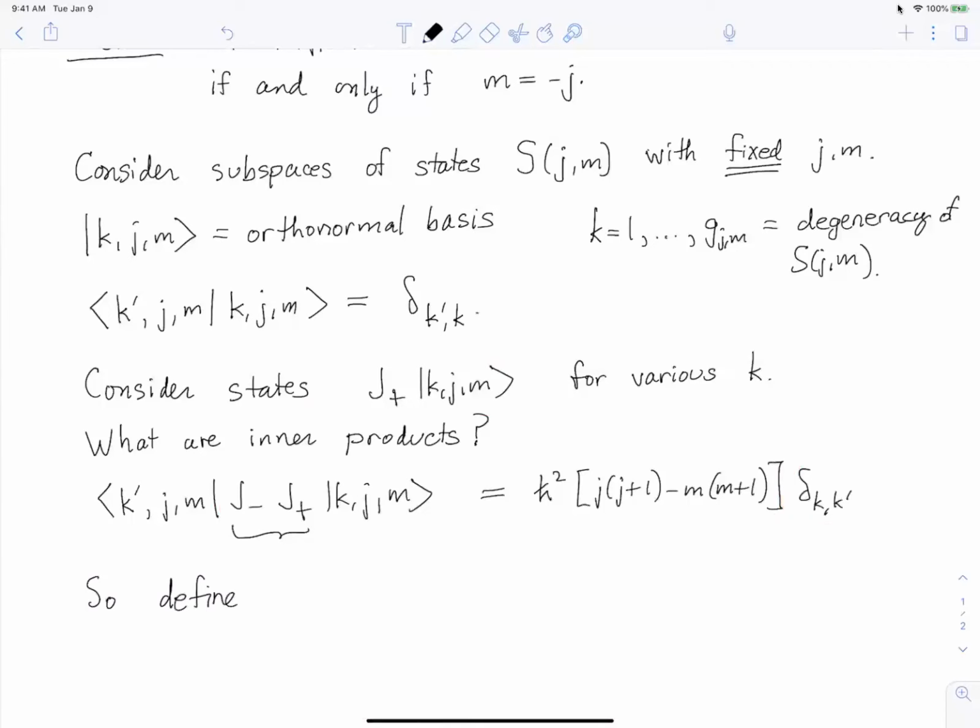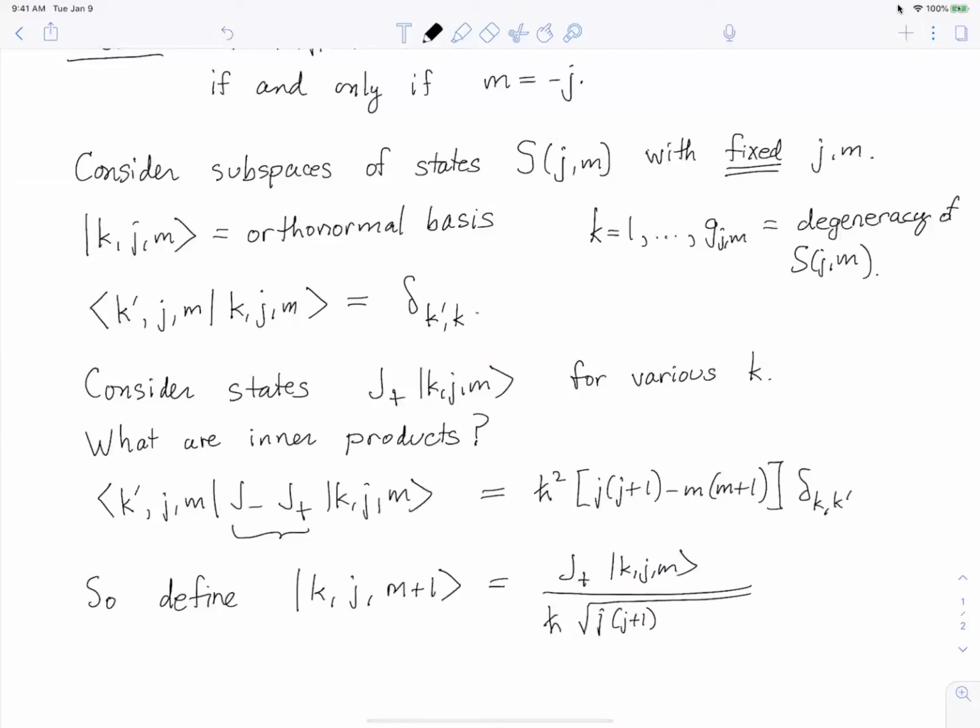We're going to define |K, J, M plus 1⟩ equals J plus |KJM⟩, and then we divide by the square root of the previous numerical factor, which is ħ times the square root of J times J plus 1 minus M times M plus 1.